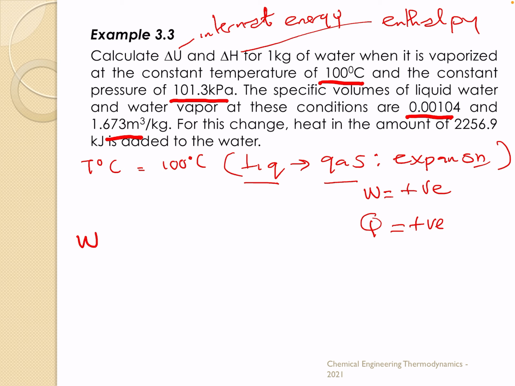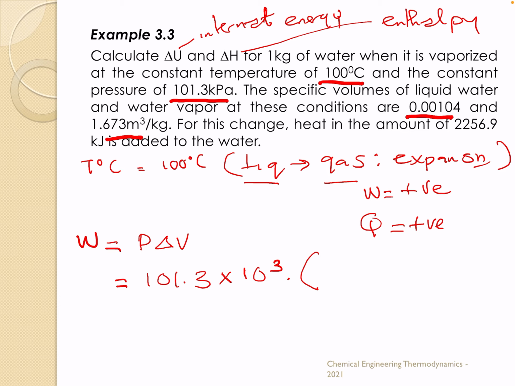Remember, W, the work done, is P change in V. So if we plug that in, we've got our pressure, which is 101.3. Always remember that it is essential to have consistency in values, so remember it's kilopascal, times 10 raised to power 3, multiplied by the change in volume.